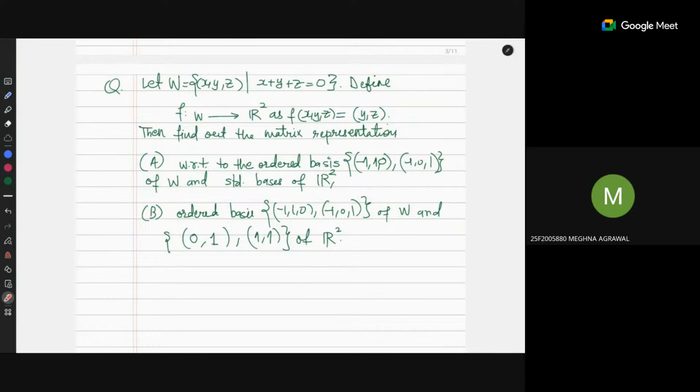Yes, sir, it does obey because... What is the addition here? What is the addition of two vectors in W? It's not 0.